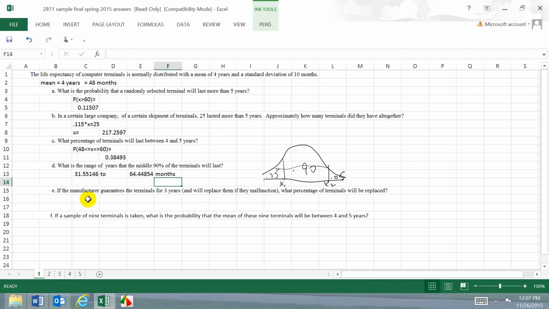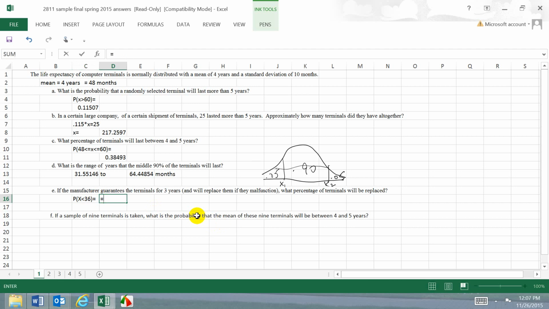In other words, we're talking about the probability that x is less than 3 years. 3 years is 3 times 12, 36 months. Again, we're doing everything in terms of months, so it's going to be replaced if it's less than 3 years.